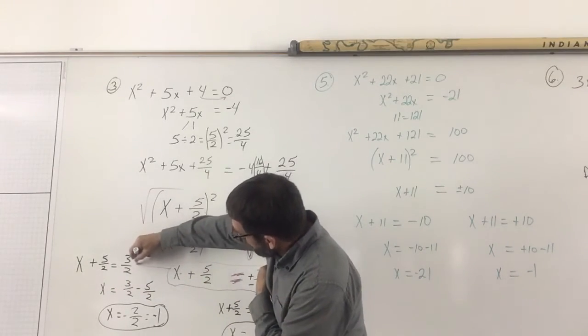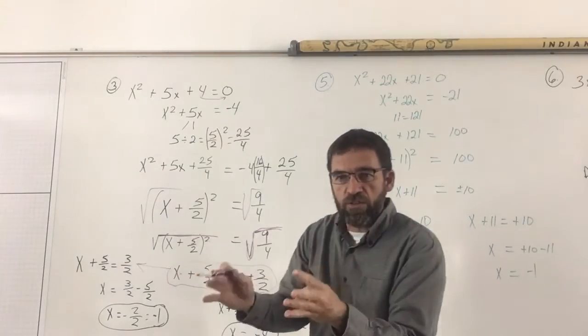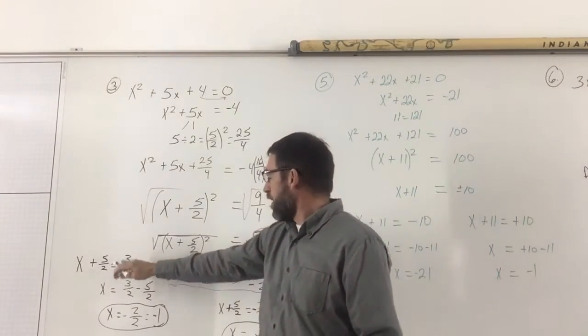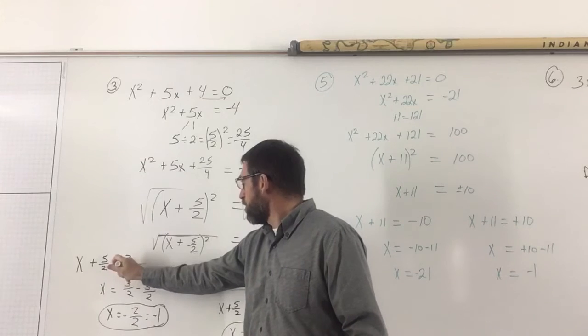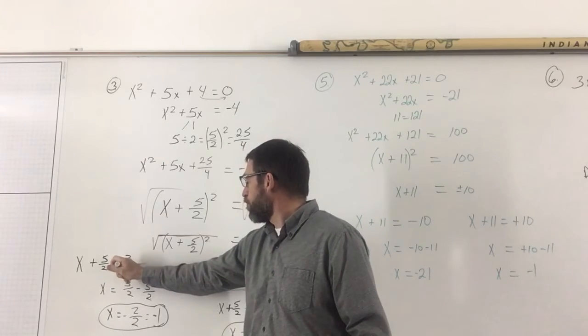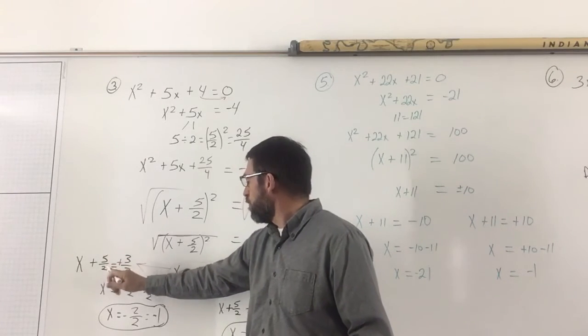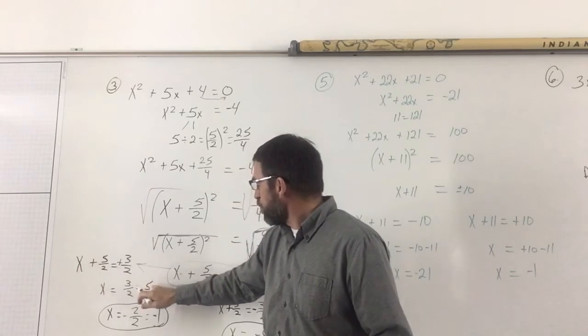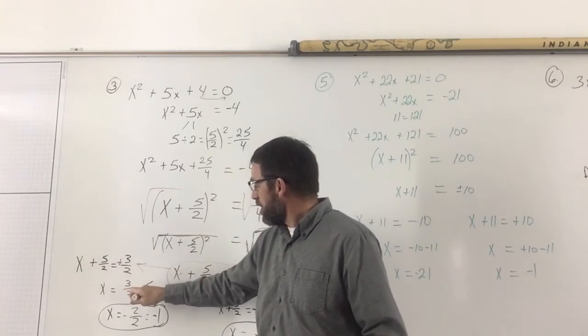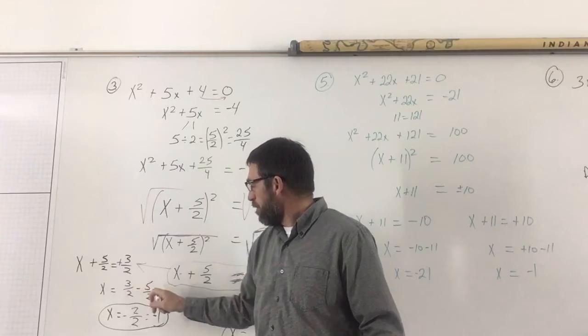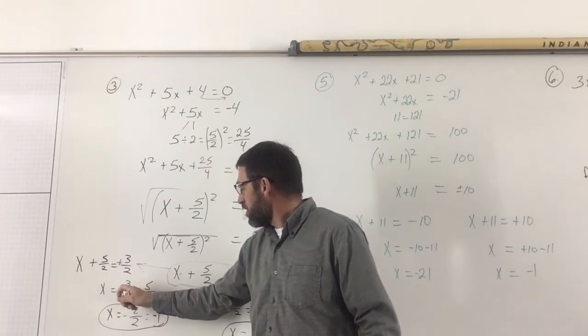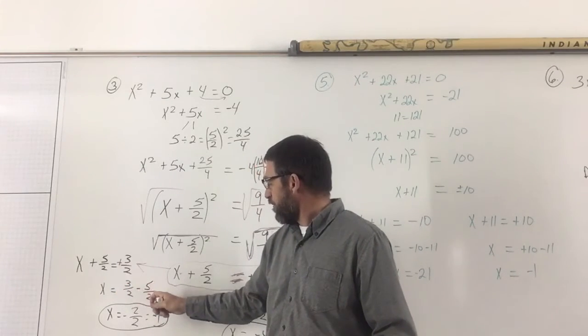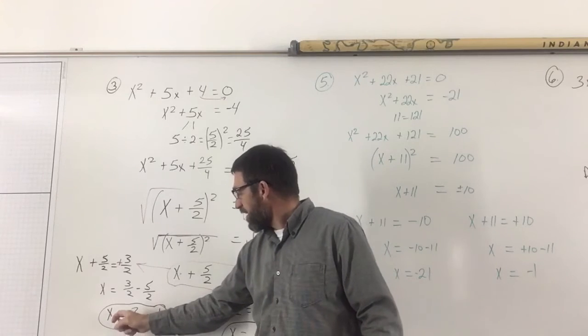I moved it right over here, and I worked it off to the side, and I made this the positive. I'll put it here so you know. This is the positive one, and I brought the 5 over 2 over. It was positive, so that made it a negative, and so I combined a positive 3 over 2, negative 5 over 2, and I said x equals.